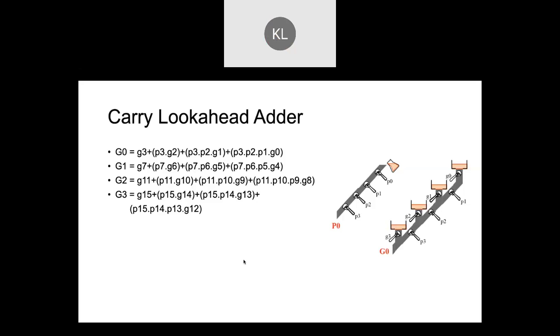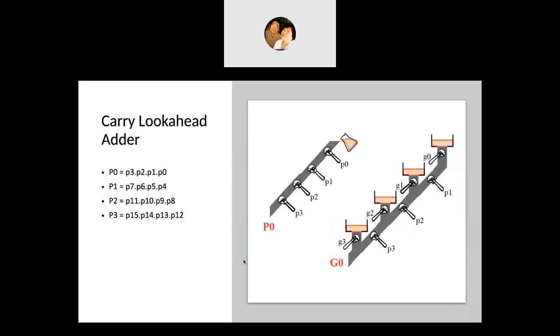Oh, look at this one. The analogy, what is the analogy here? Look at the P0 here. If you look at the equation, P0 is something like this: P3 and P2 and P1 and P0. What does it mean? If this is the tube, and we have a water gate, which can close and open, if we have the water going into this tube, how can we get the water out here?